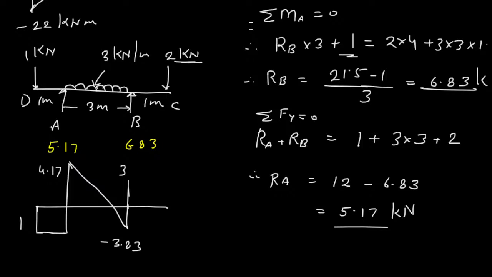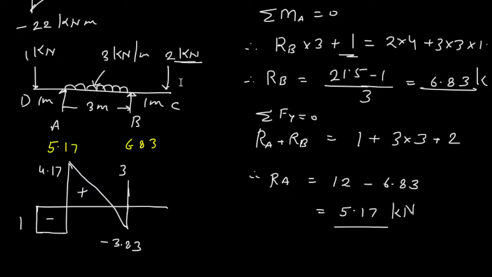So what mistake have I made? 3.83. This value is negative here, this value is negative, this value is positive. RB, it is 2 times 4 plus 3 times 3 times 1.5, and here 1 times 1, and RB times 3 and 1 times 1.